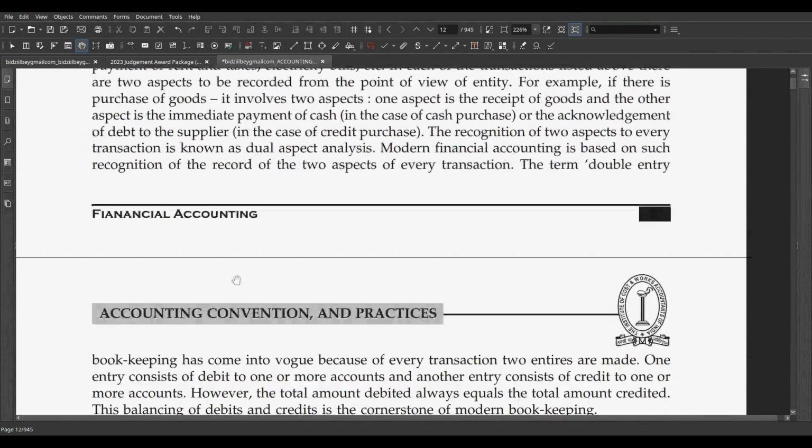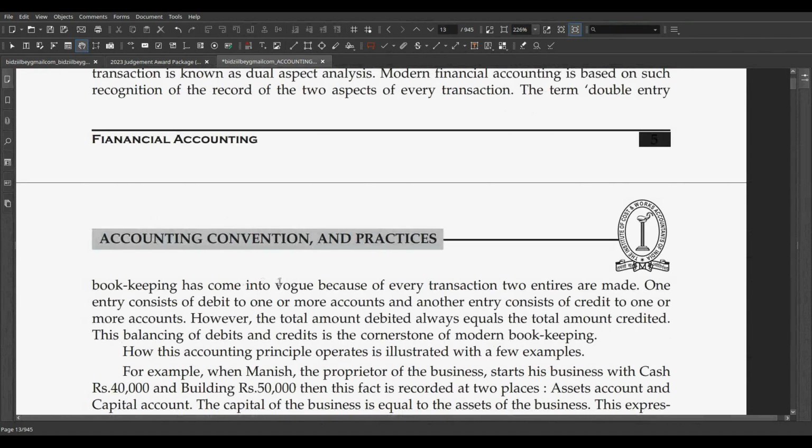The term double entry bookkeeping has come into vogue because for every transaction, two entries are made. For every transaction, there are two book entries that are made. One transaction, two entries.